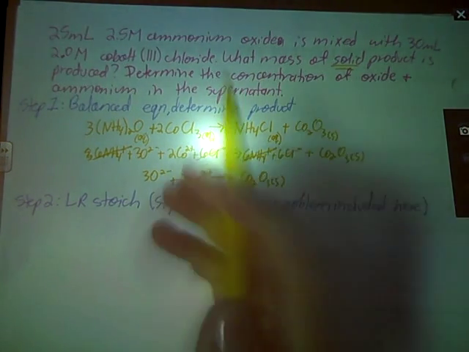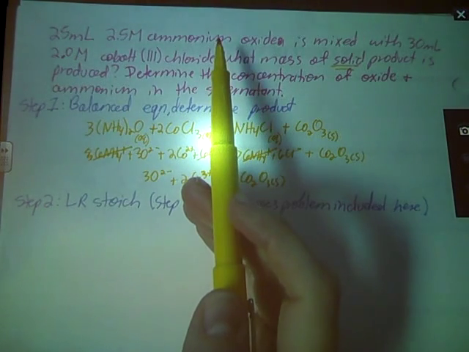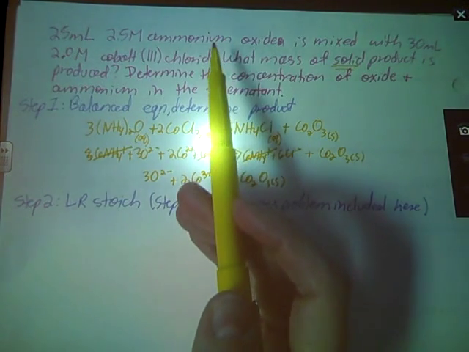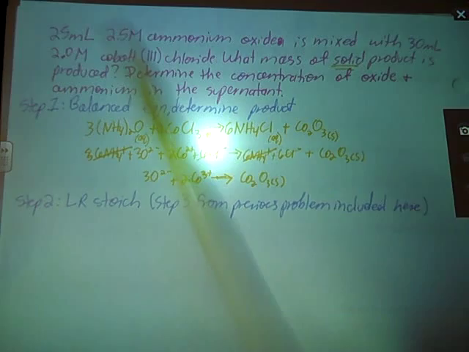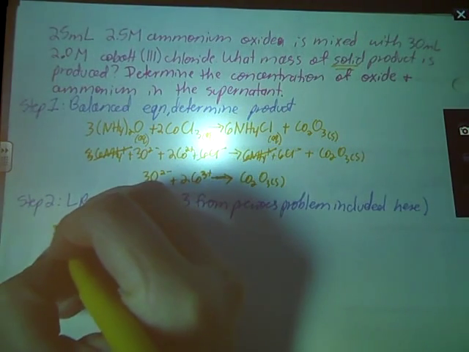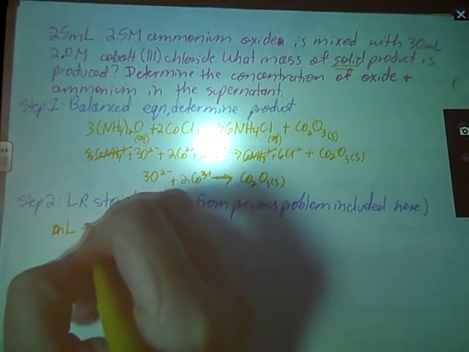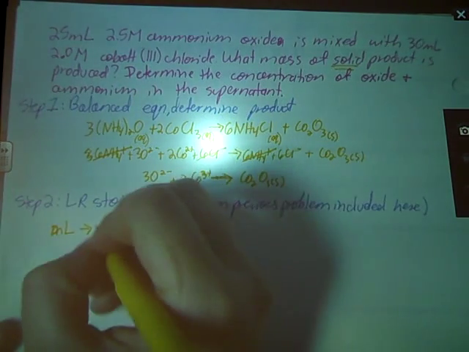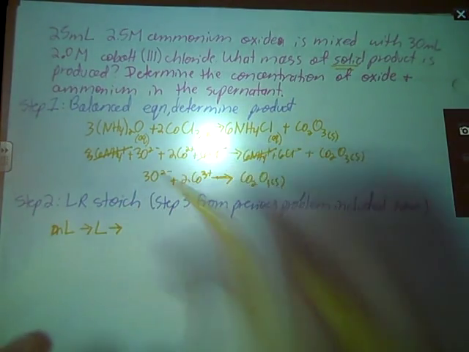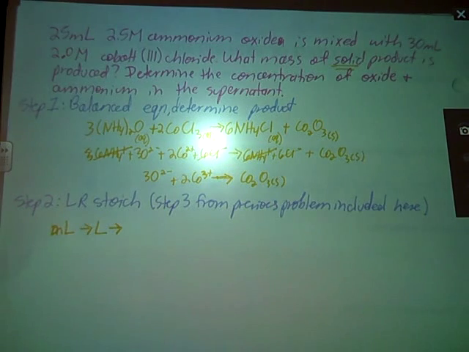So starting with our first reagent here, since they don't give me a mass to start off my map, they give me a volume. We're going to have to start with that volume. Milliliters, not so good, so we're going to jump to liters. Regardless of what unit they give you for your starting unit in these types of problems, the first thing we've got to do is get it to moles.